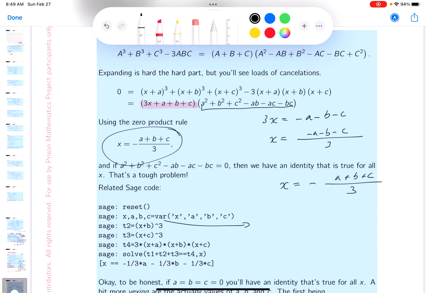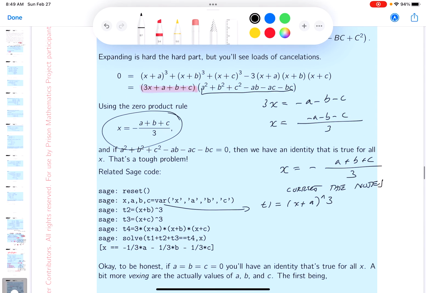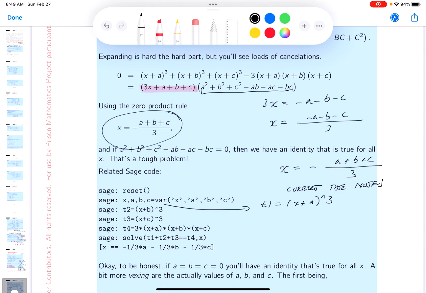T1 should be assigned x plus a cubed. That's my mistake, and I need to correct the notes. You're not going to see that. I'm not sure why I didn't type that in there. But anyway, I got the terms and the sides. Looks pretty good to me.